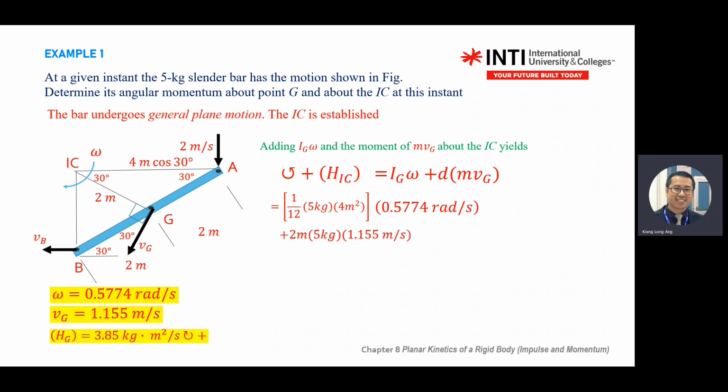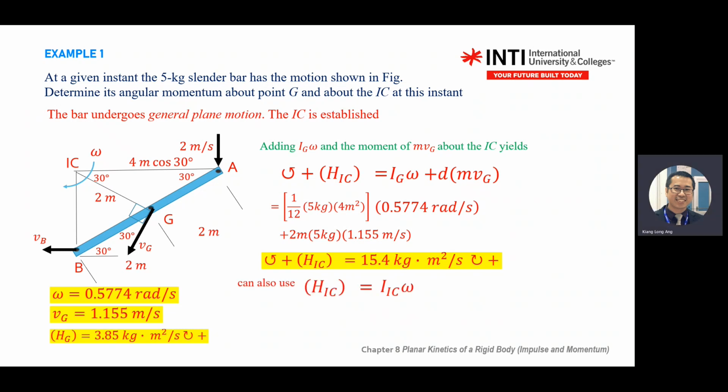Not this one, not this one. So it's from IC to G. Then the rest you just substitute. Velocity you also found, right? So you find the angular momentum at the IC point.